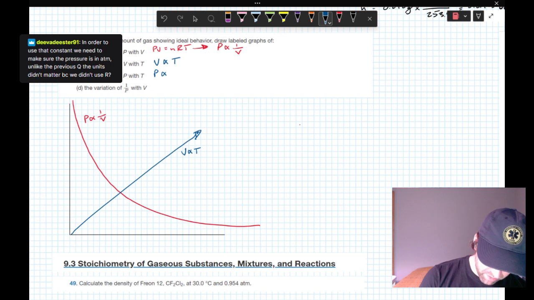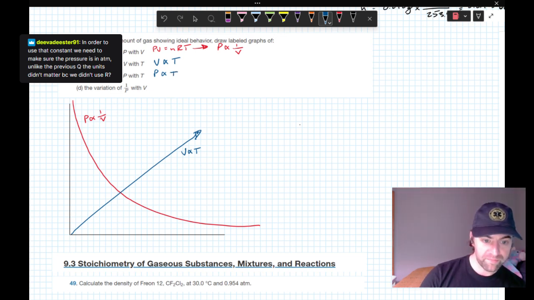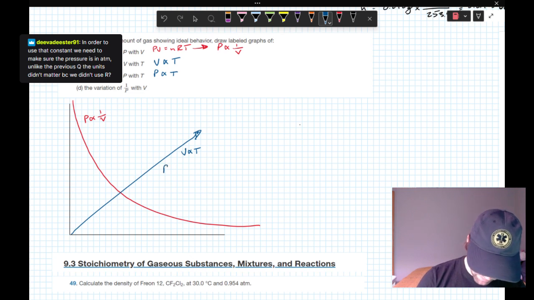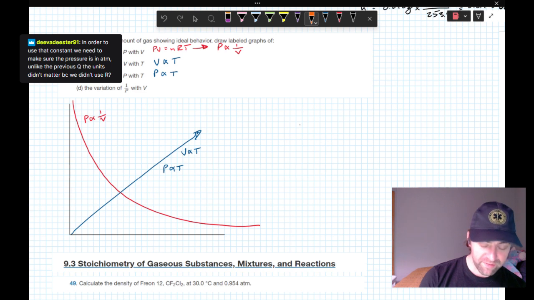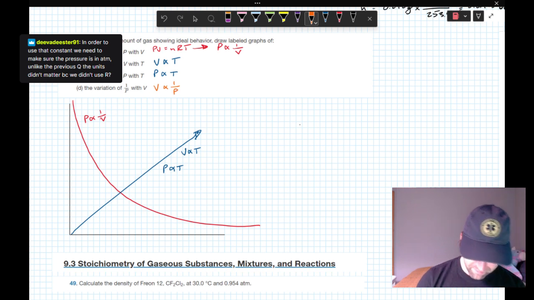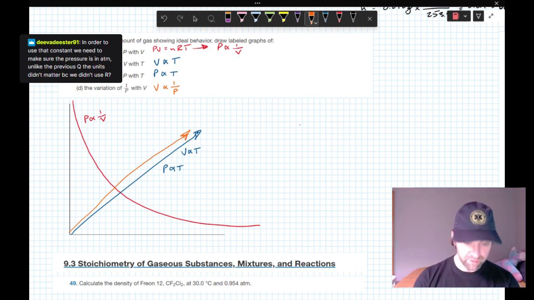Pressure and temperature are also on opposite sides of that equation, so directly proportionate. So it's the same blue line. And then D, the variation of inverse pressure with volume, is the same as saying volume is proportionate to pressure, and that would chart parallel with that blue line that we drew.